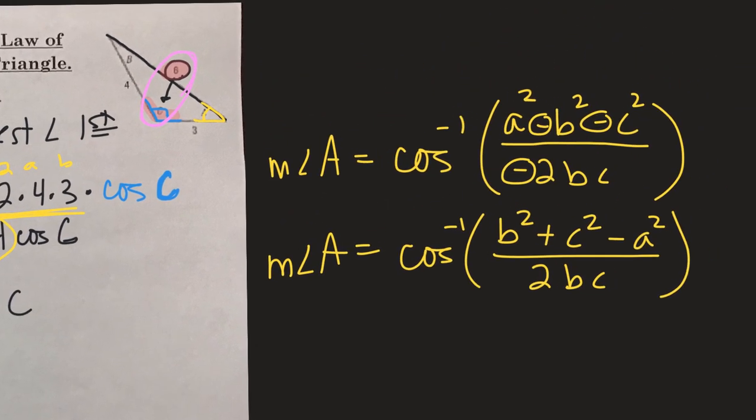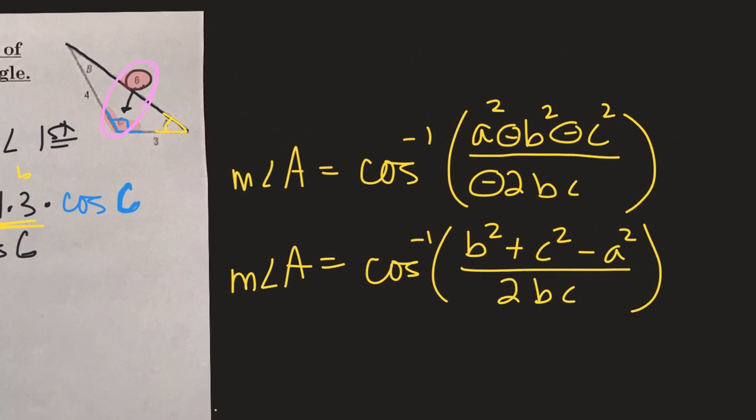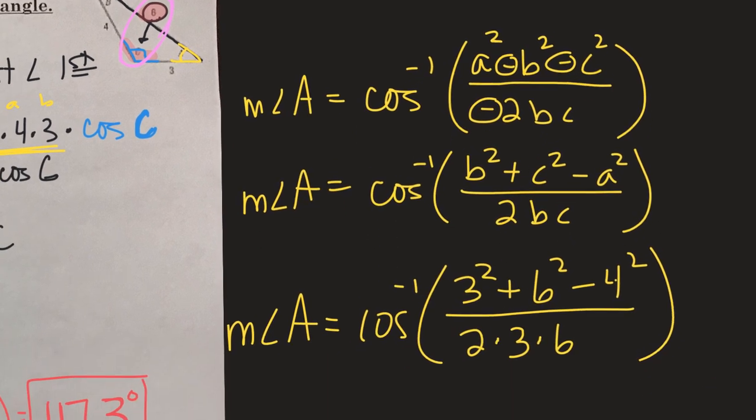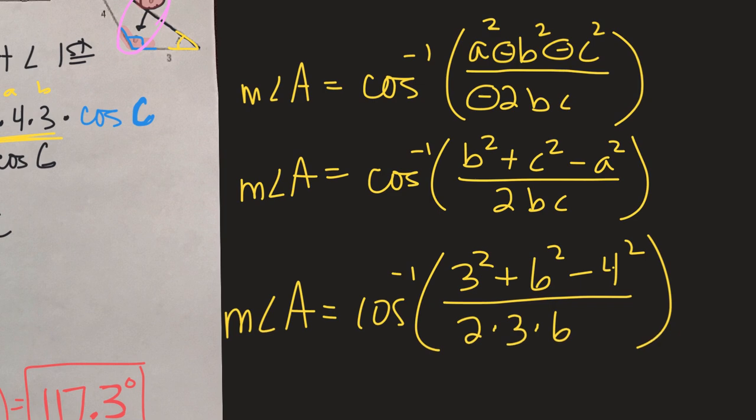So let's see, what is our given information? We want to find the measure of angle A. So my b side was 3, so 3 squared plus, c was 6, 6 squared, and a was 4, so minus 4 squared, all over 2 times 3 times 6. This is going to allow me to put this all into my calculator all at once.